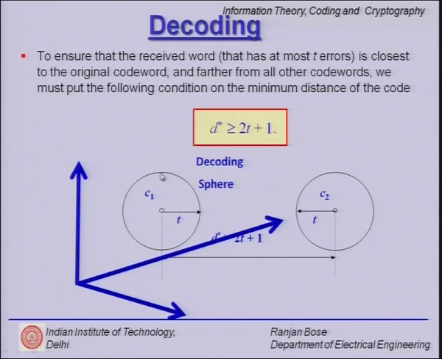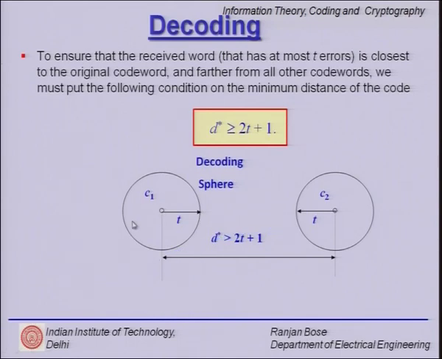It means within this circle there are many points which are at a Hamming distance t or less. Okay. So just remove that axis and just focus on C1 and C2. All right. So we are trying to figure out what is the constraint we can put to ensure that I can correct t errors.